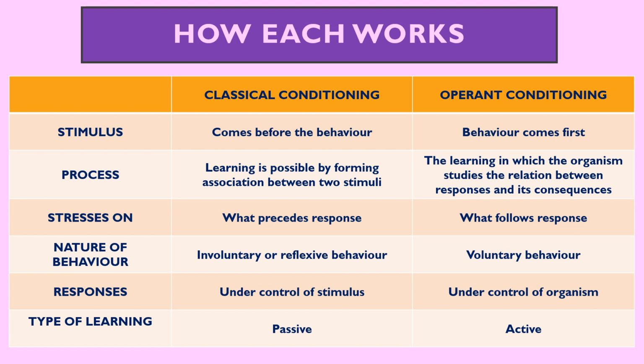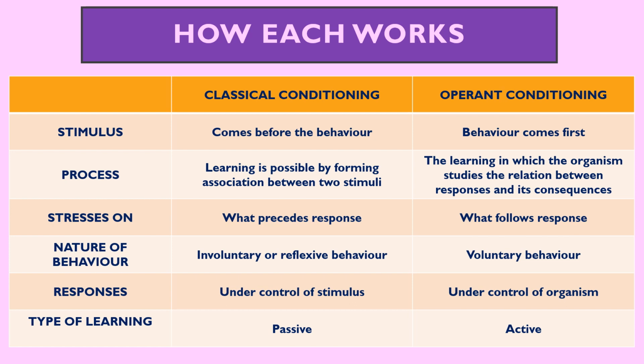So in the example, we can see that the dog learned a behavior by associating the two stimuli, the food and the bell. While in operant conditioning, the rat learned a behavior: when the green light is on and it presses the lever, the food is served. So the process is different in both conditionings.